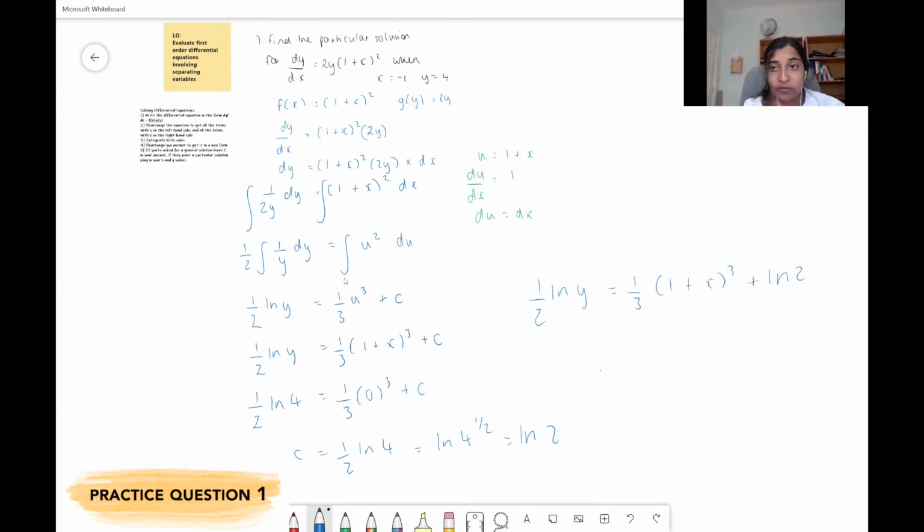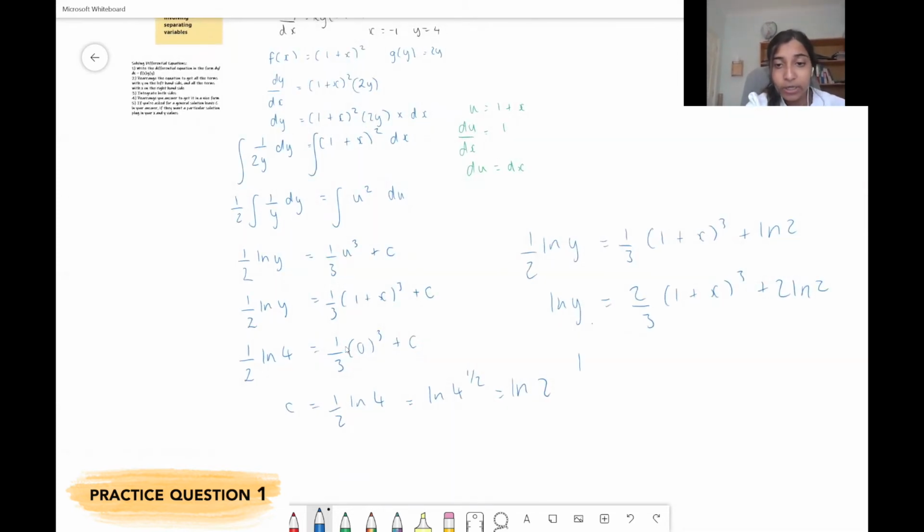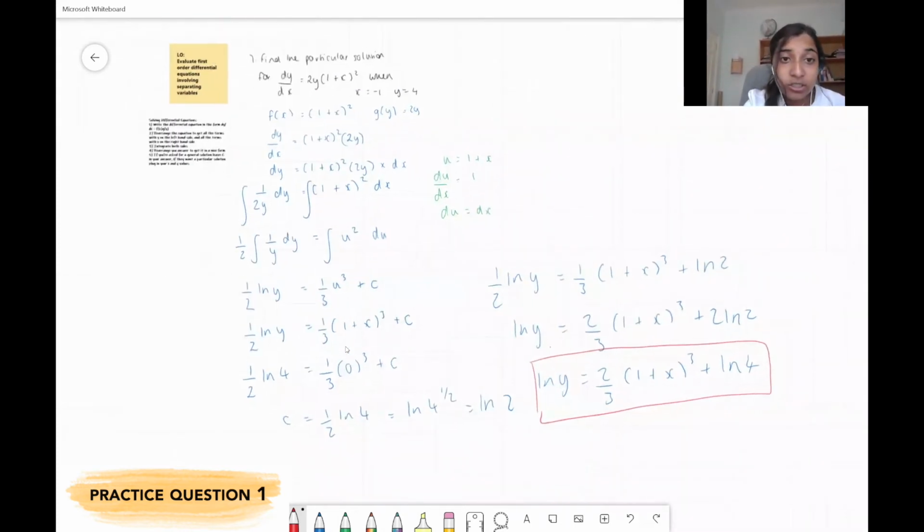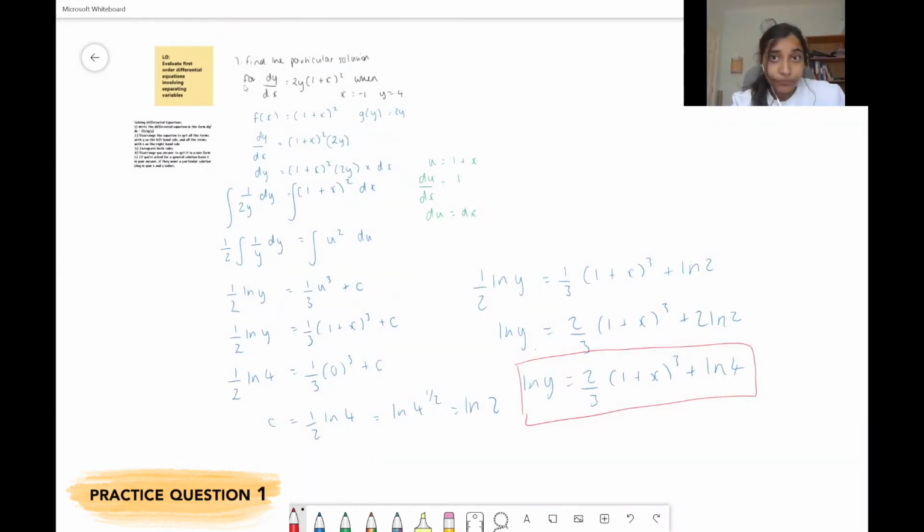And then if we multiply everything by 2, we get ln y is equal to 2 over 3, 1 plus x cubed plus 2 ln 2, which is the same as saying ln y is equal to 2 over 3, 1 plus x cubed plus ln 2 squared, so plus ln 4. And this is our answer to our question. That's the particular solution to our differential equation.